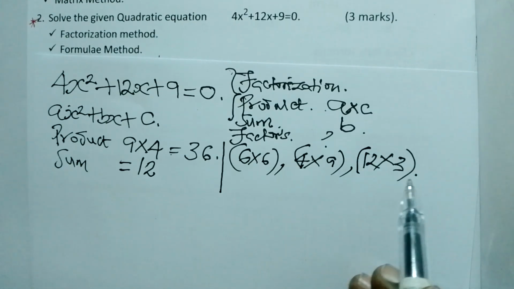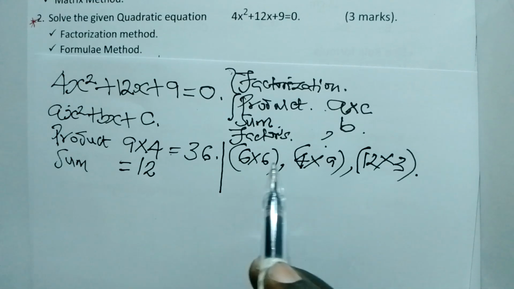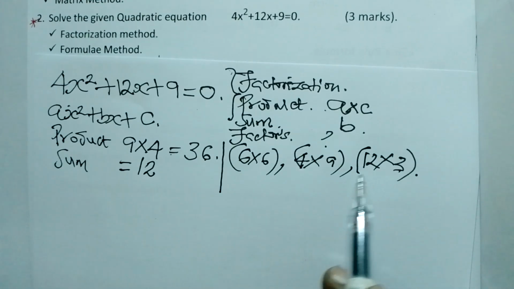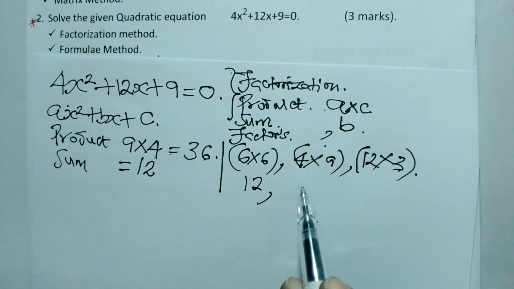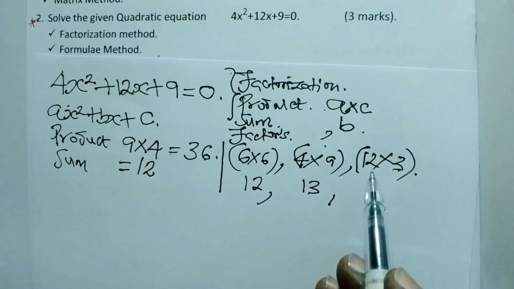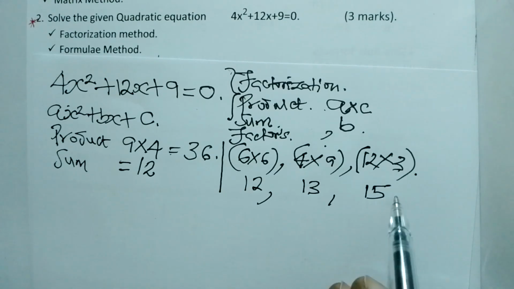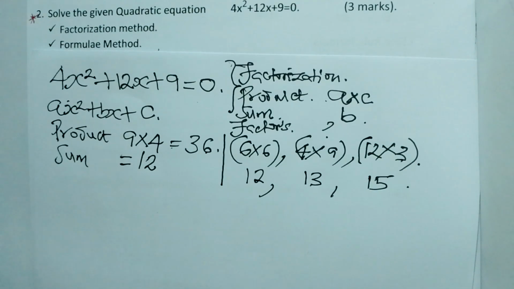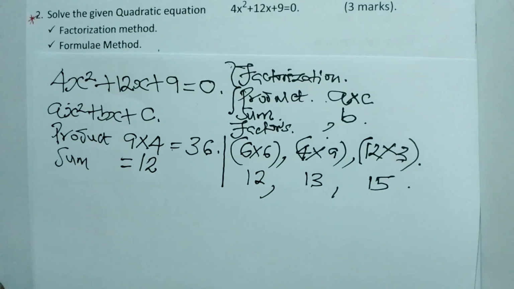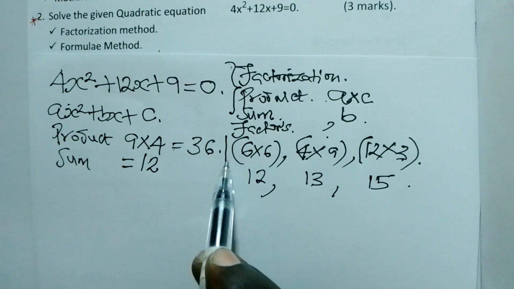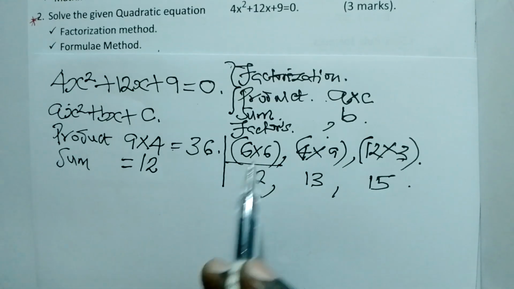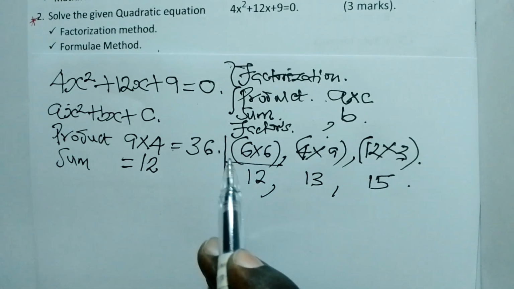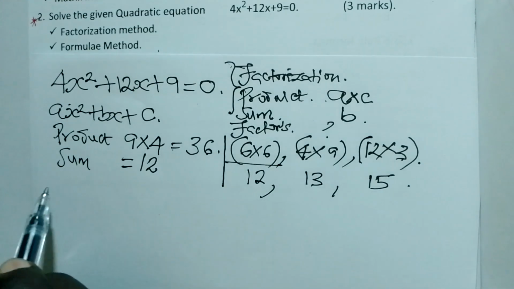And then we have to test which of these will give a sum of 12. 6 plus 6 gives 12, 4 plus 9 gives 13, and 12 plus 3 gives 15. So our combination will be the first set, which is 6 and 6.